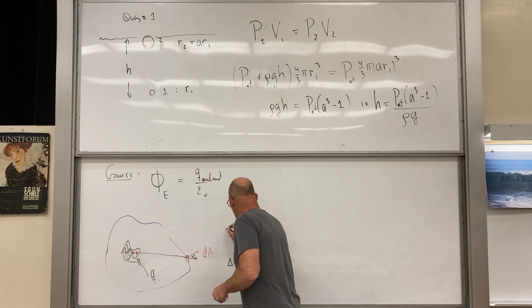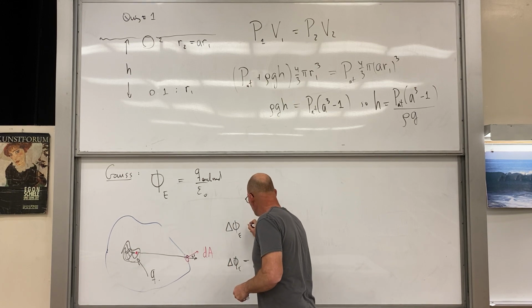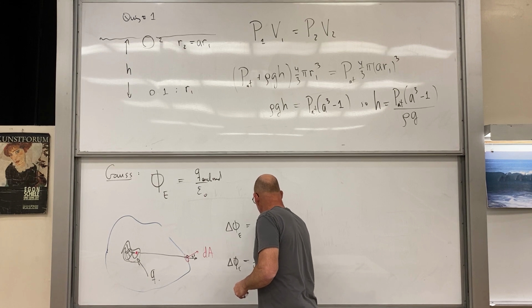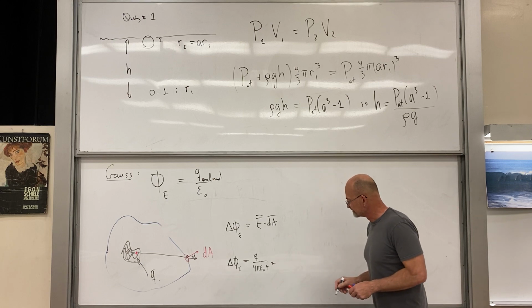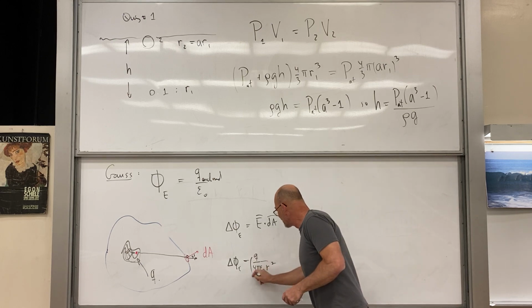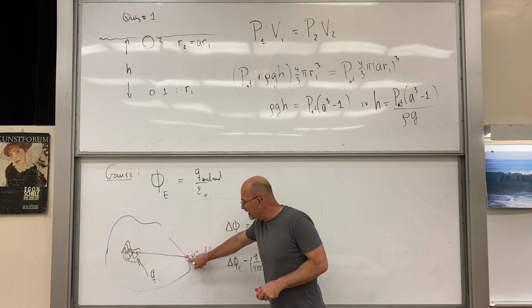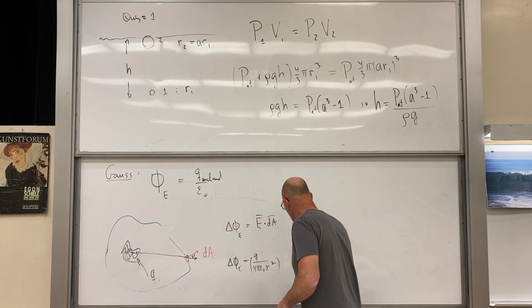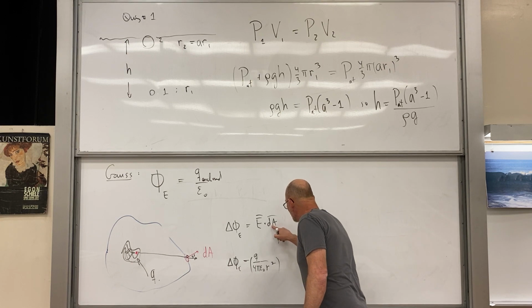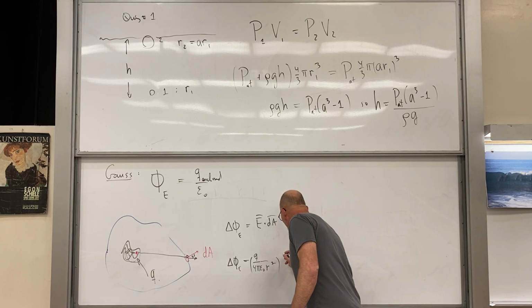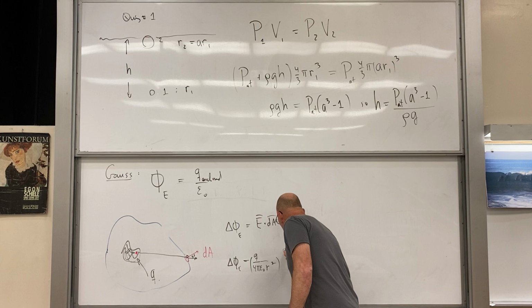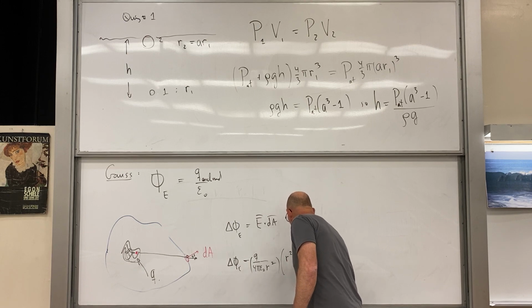I should write here, the flux is E dot dA. So there's my field here. You can see I've got cosine of theta, so we're talking about a dot product. So for my dA there, it's going to be proportional to r squared cos theta.